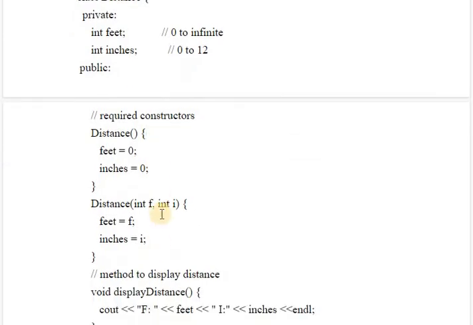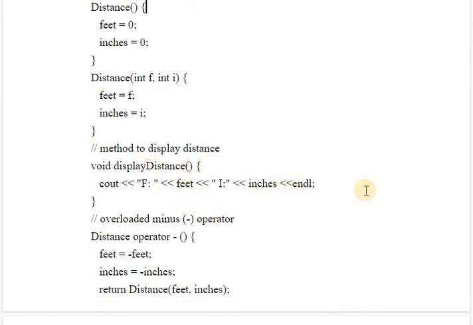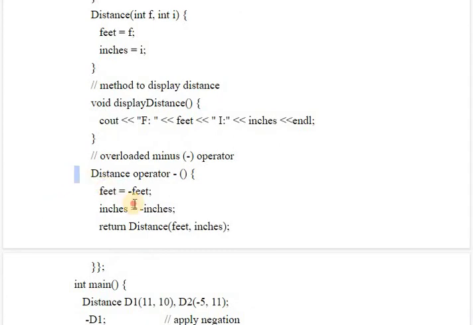This is the parameterized constructor, this is the default constructor, and here we have a display function to display the values of feet and inches. This is the operator overloading we are doing. The minus operator is overloaded for object types, like feet and inches, the data members of the object, so it will change the sign of the data members.